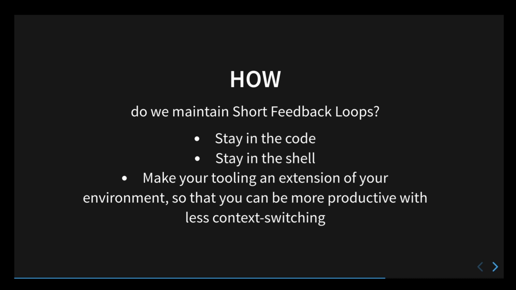Make your tooling an extension of your environment. This is, again, I touched on this earlier. All my tools tend to play nicely with standard in, standard out, and standard error, right? So that existing tools work right alongside my tools, and I can take advantage of whatever's been done before to get my results faster, and again, to be more reliable.